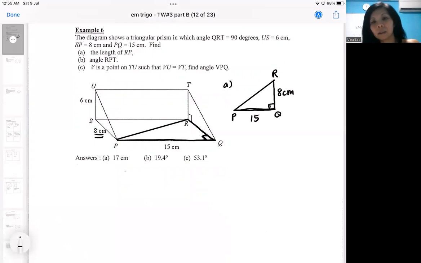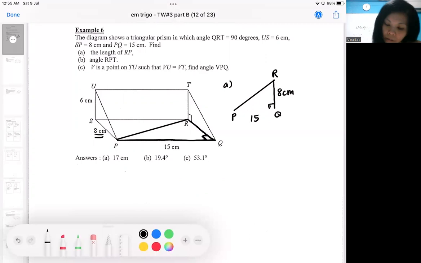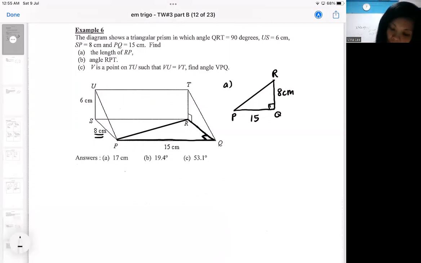That doesn't look like a 90, but like I mentioned, right, it is like a rectangle on the ground. So there is a 90 degree here. So from here, right, it's very obvious. That means you just apply your Pythagoras theorem. So RP.